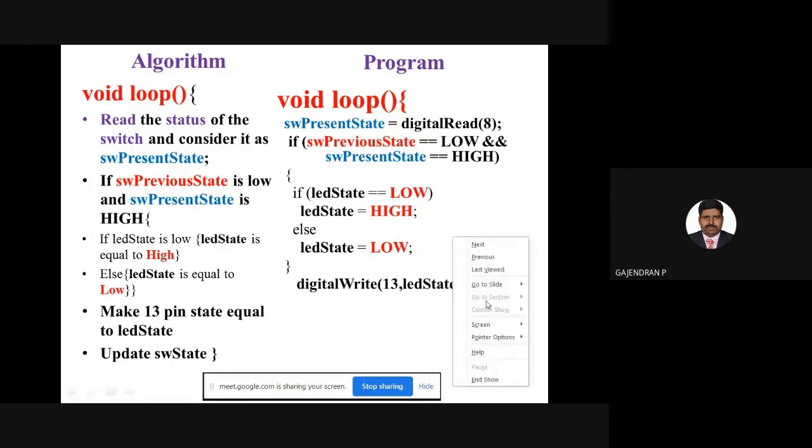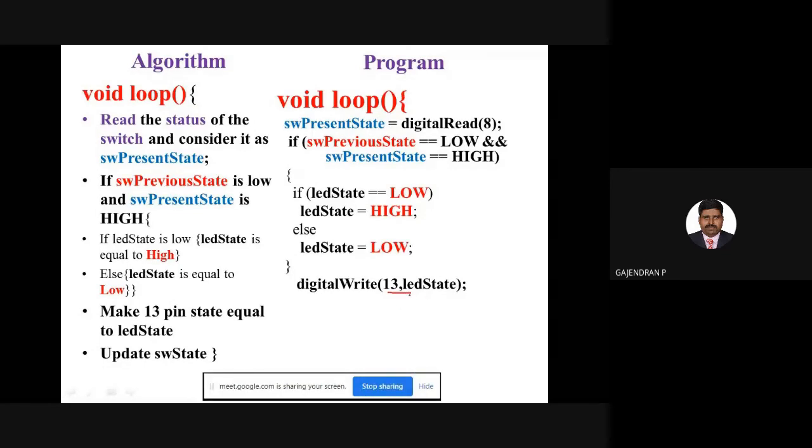My digital pin, the 13th pin, I'm going to pass the variable called LED state. There are two conditions. If this statement is true, we will pass high into this state. Else, we will pass low.